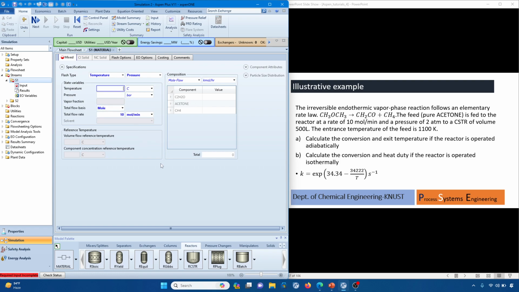And the operating conditions are 2 atmospheres of pressure. And it's pure acetone.